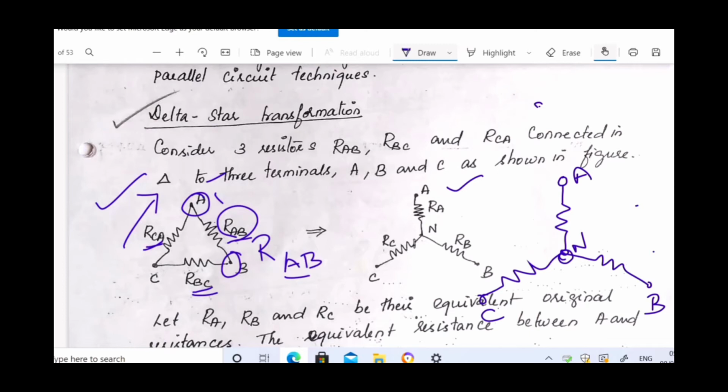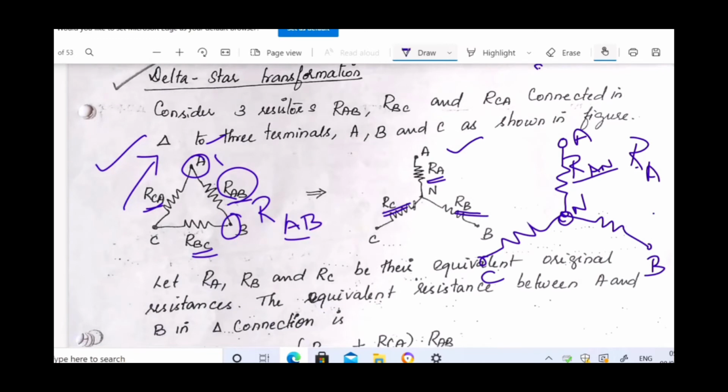So it is connected between A and N. Some of the authors use the suffix AN, but most of the authors use RA alone because N is a neutral point, a common point. So it frames the resistors RA, RB and RC.